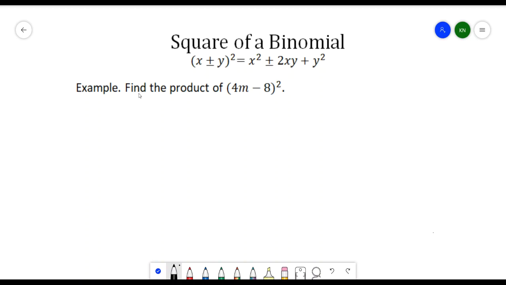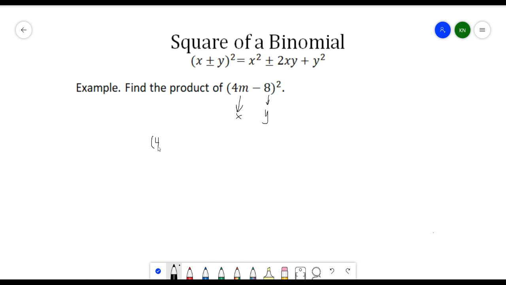For the example here, we have to find the product of 4m minus 8 squared. Then again, we have to locate what is our x and what is our y. In this case, 4m is our x and 8 is our y. Now, in solving this one, we'll just have to copy the format. So we have x squared, so you need to identify your x. From our example, x is equal to 4m.